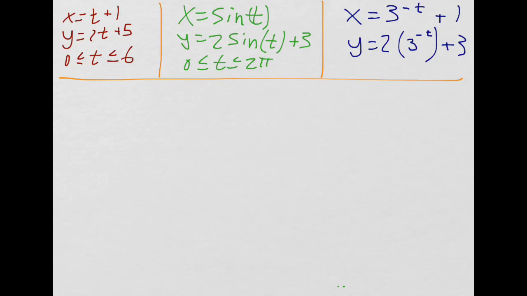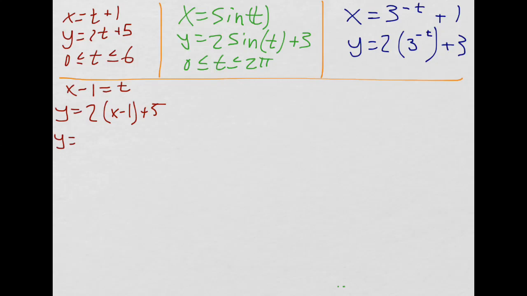In each of these cases, I'm actually going to eliminate the parameter first. So I'm going to solve for t in that first equation, and I'm just going to get x minus 1 equals t, and I'm going to substitute that in for y now to get y equals 2 times t, which is x minus 1, plus 5.